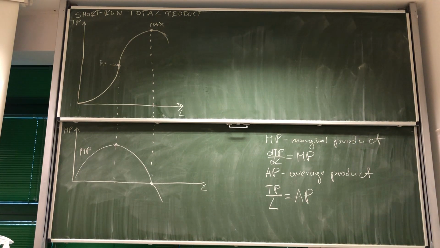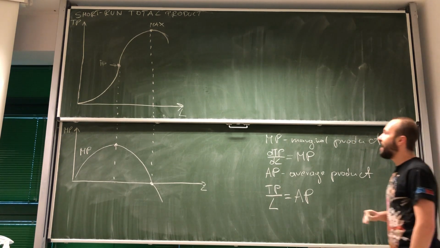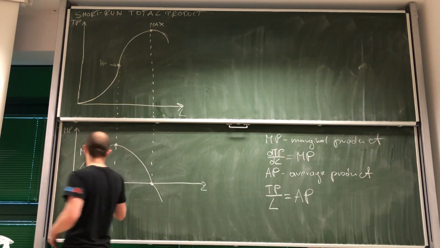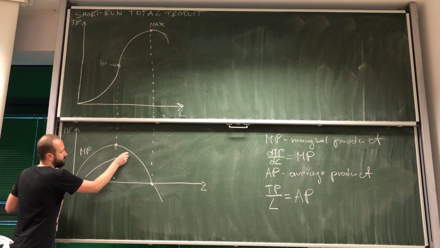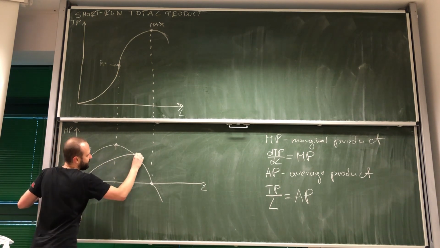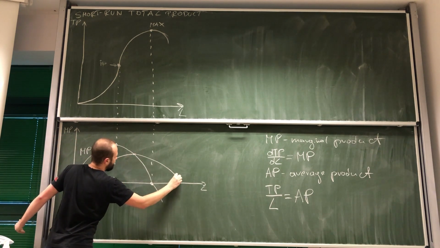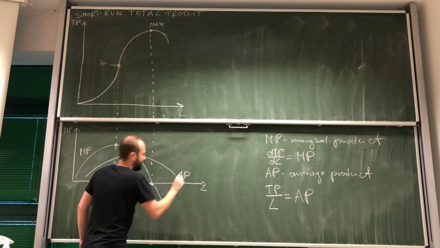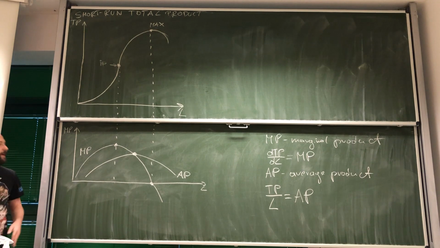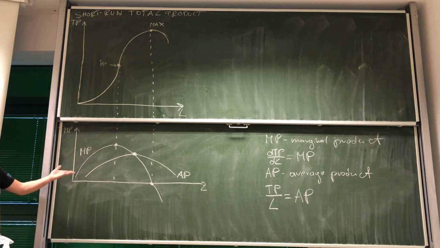I'm going to show you a graph of how it should look. So this is average product, without first explaining to you why. Of course it makes sense.